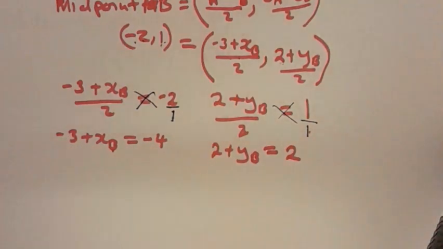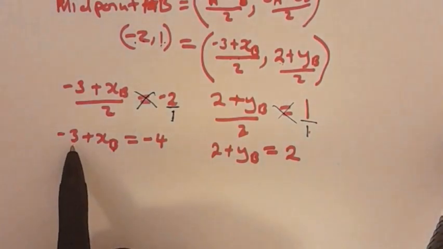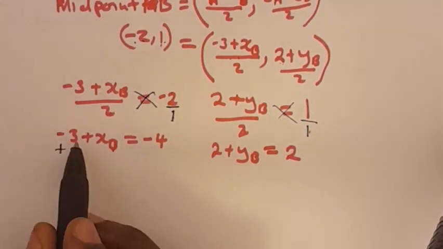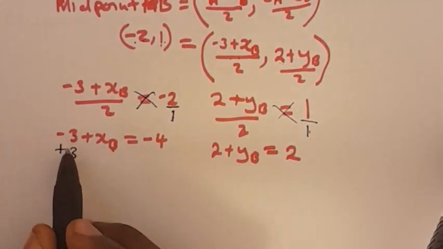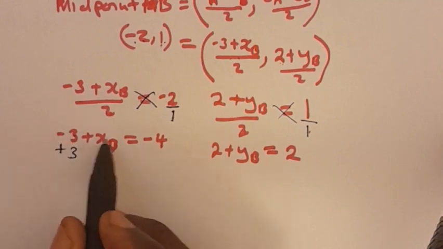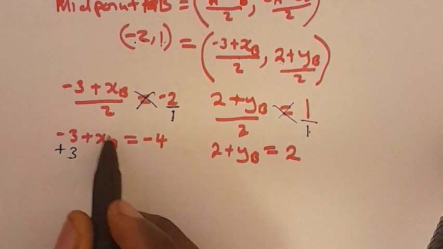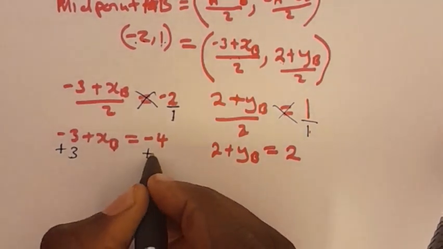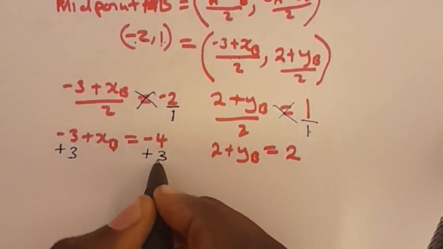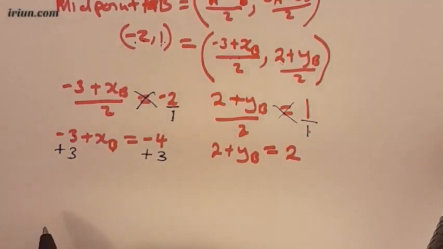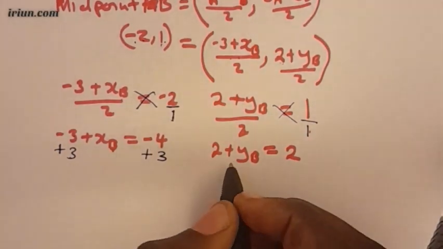If you want to remove a -3 from the left, you need to add 3, so that -3 + 3 will be 0, and what is going to remain is X in B. So what you've done on the left hand side, you also do on the right hand side, so that the equation remains balanced.